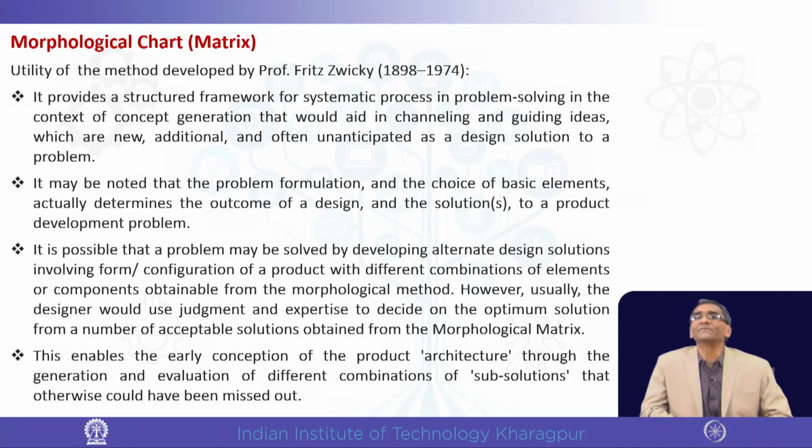So, there are alternative transmissions, chain and sprocket for a cycle. It can be done through gear also, it can be done through belt pulley also, but then which is most suitable for a given situation or application, that the designer has to judiciously determine. If the structure is not there, there is a possibility that some of the elements would be missed out.